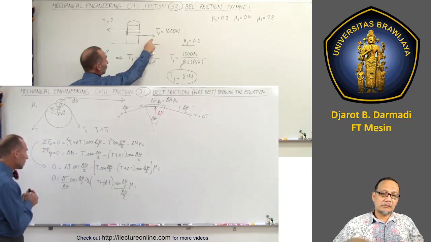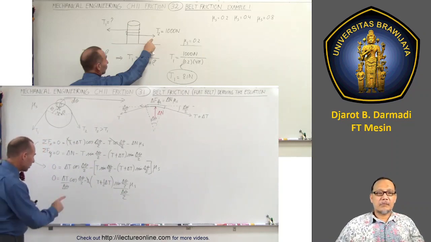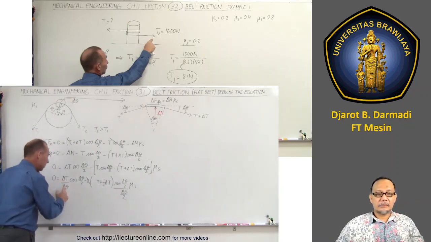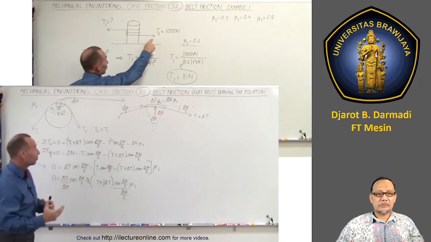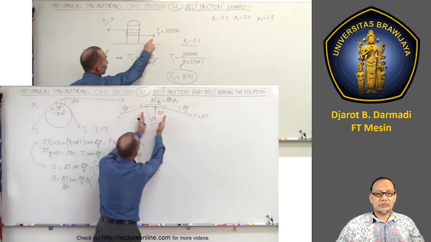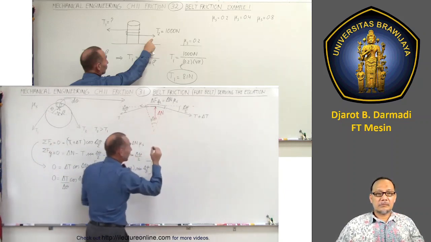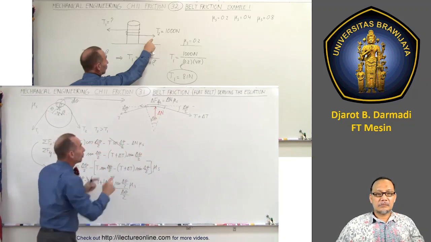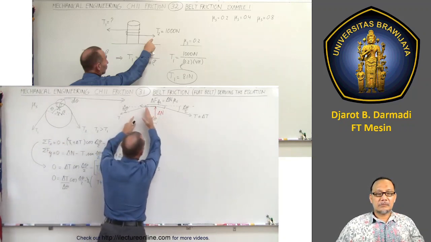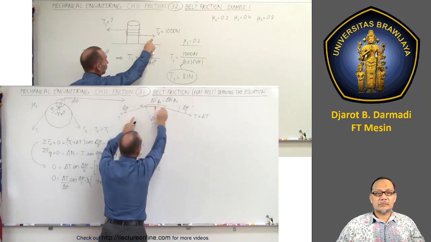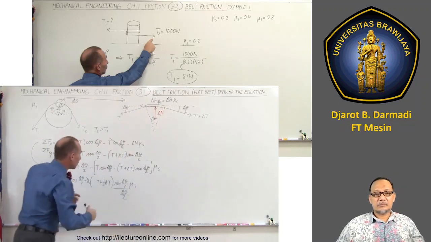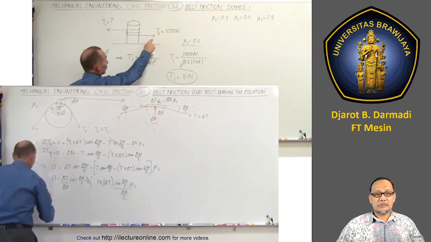Next, we're going to take the limit. We're going to allow delta t and delta theta to go to 0, so we end up with differentials. So we make the angle smaller and smaller, and we get an exact relationship between the change in the tension and the amount of angle over which the belt rests on the drum or the peg. So let's do that.